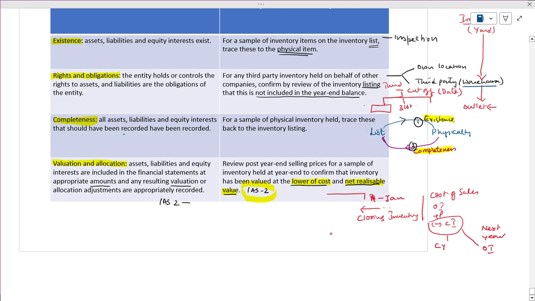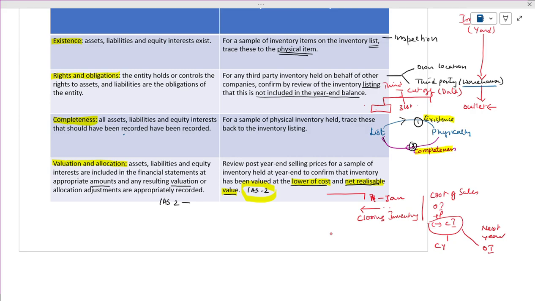You should ask me that question: why do we have to take closing inventory post year end? Post year end, closing inventory and opening inventory should match. That is the right way of making a valuation and allocation.